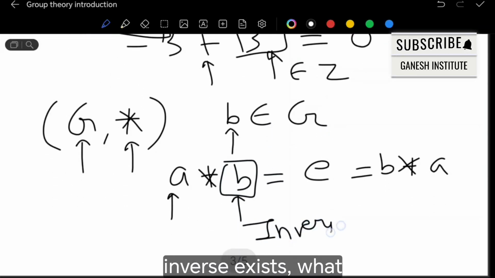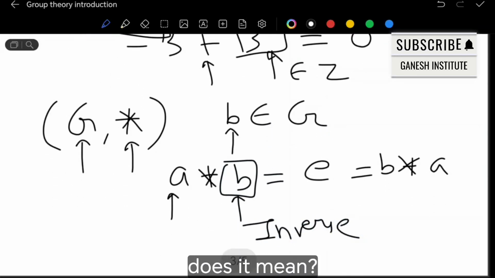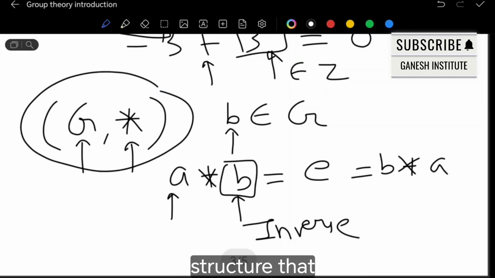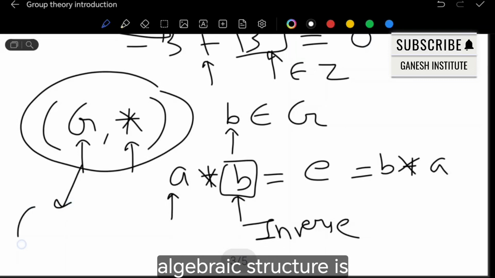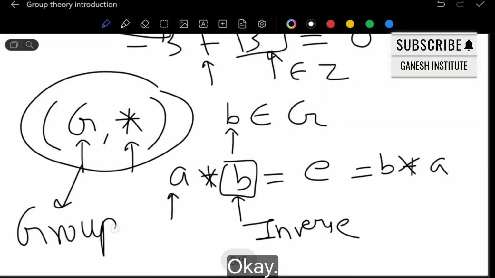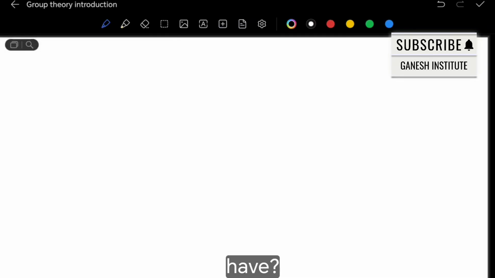And if the inverse exists, what does it mean? That the algebraic structure is a group. Okay? So, for a group, what should we have?